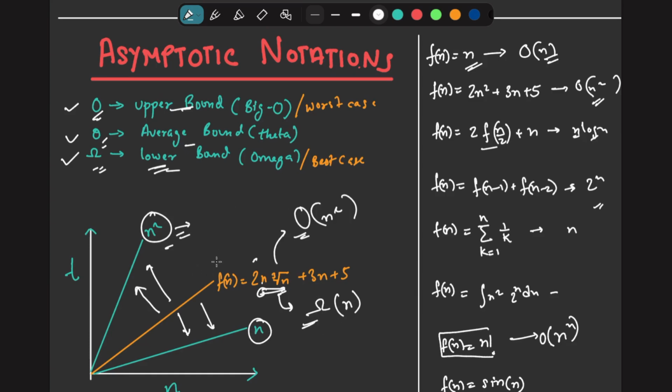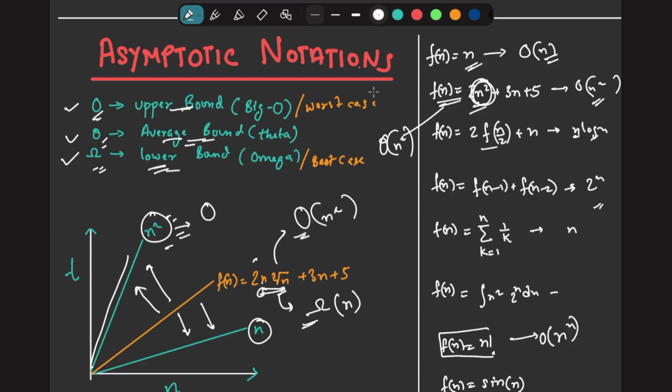And also for average bound, which means if we can exactly determine, for example this is n square, and the graph of this function will be this only. So we can get the exact class for this function. Therefore this will be theta, and we can write this as theta of n square.